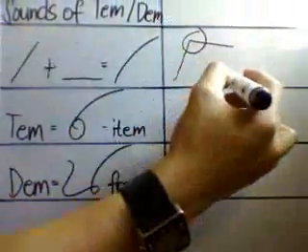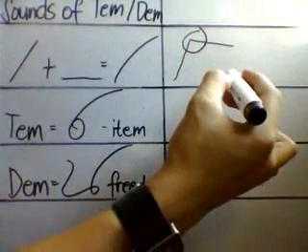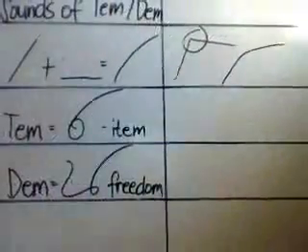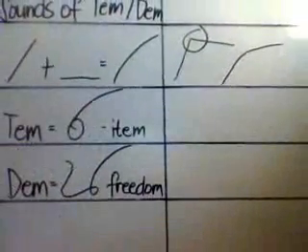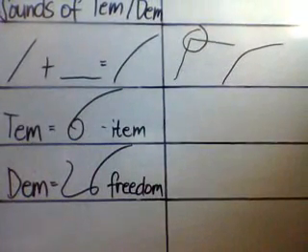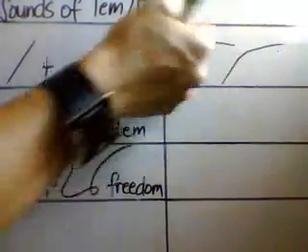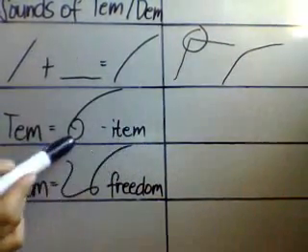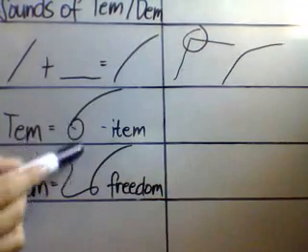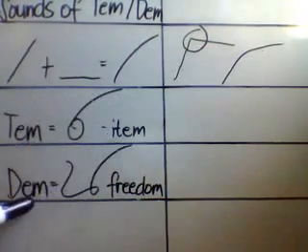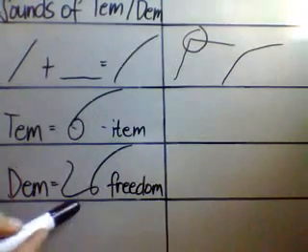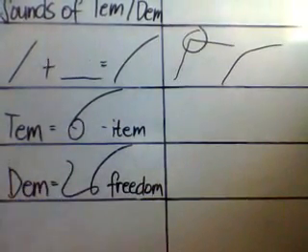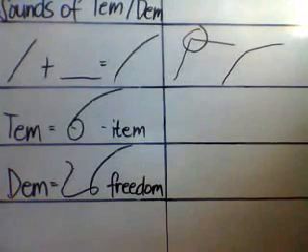So we will write the symbol for them and them like this. To write the symbol quickly, as quick as possible, we try to remove the angle. So them as in item is like this, I plus them, item, and them as in freedom is like this, FRE, them, freedom. Okay, so these are the sounds of them and them.